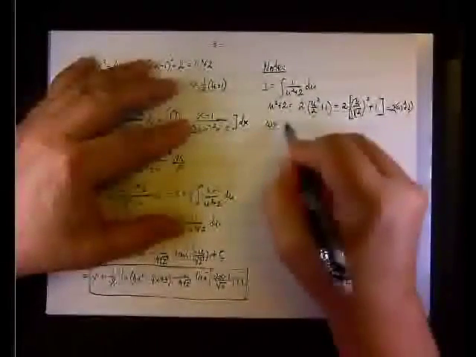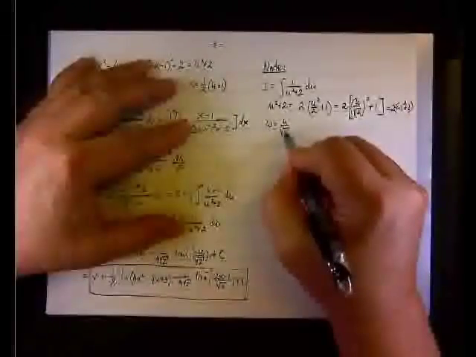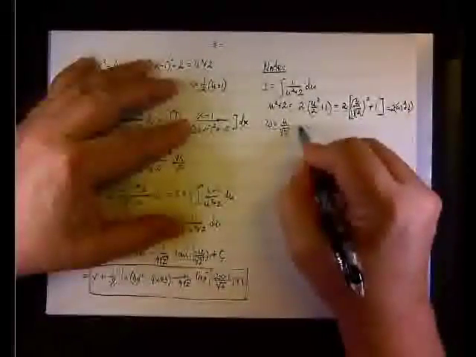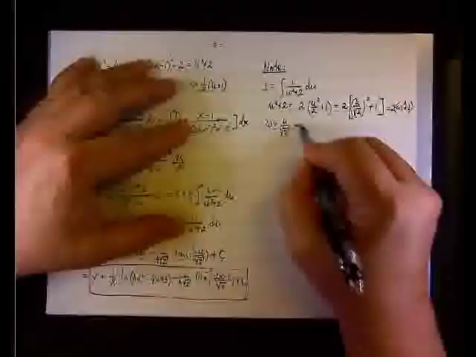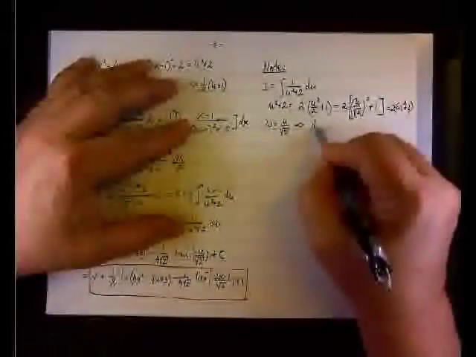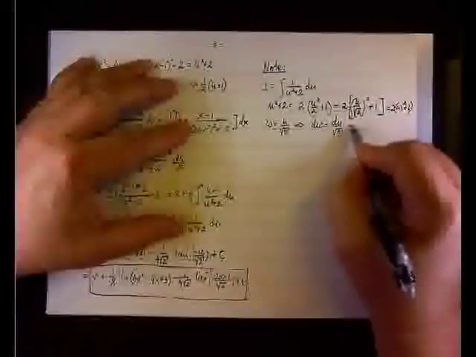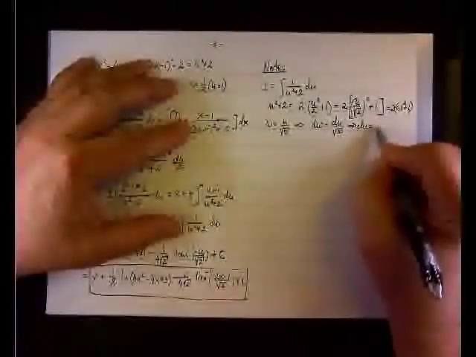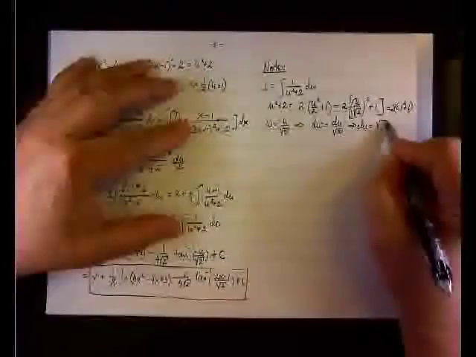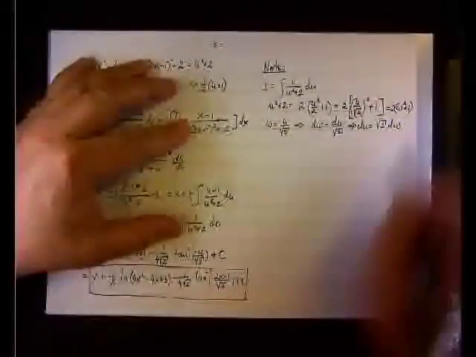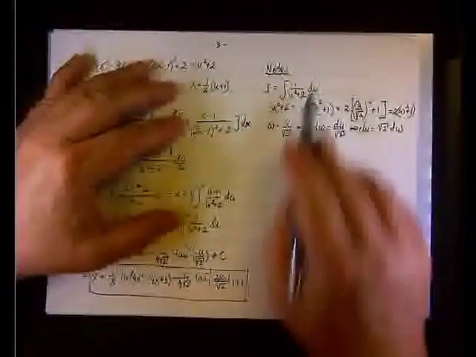So I'll say this is equal, let's say, 2 times w squared plus 1, where w is now u over square root of 2, and therefore dw equals du over square root of 2, or du equals square root of 2 dw. Because we're going to need du.